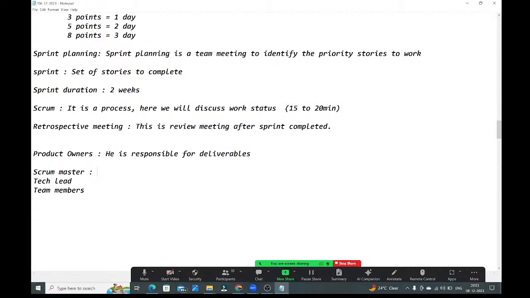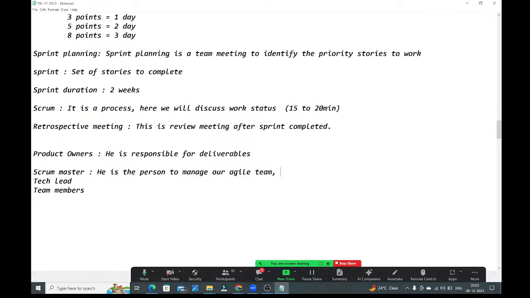Product owner means he is responsible for the deliverables. What will the Scrum Master do? He is the person to manage our agile team. He manages our agile team.